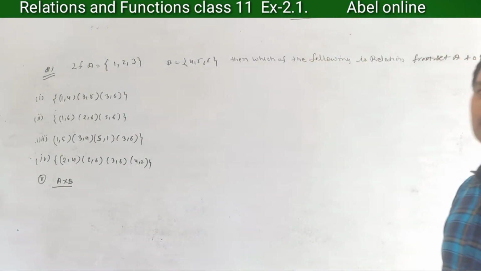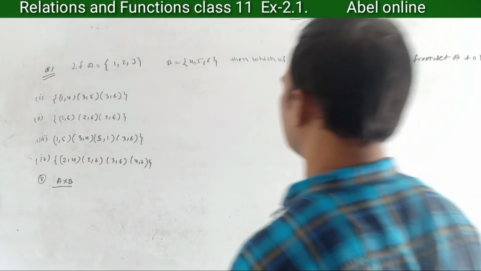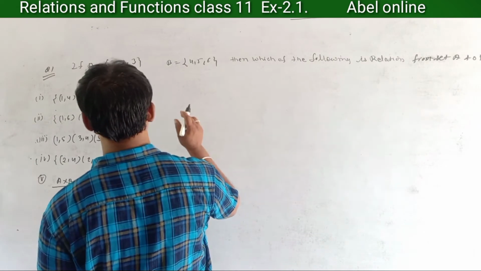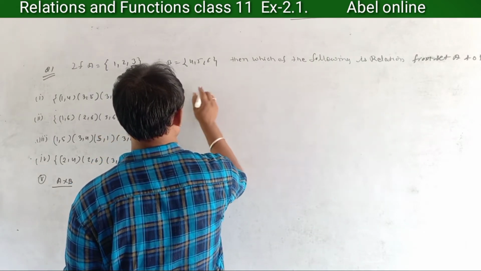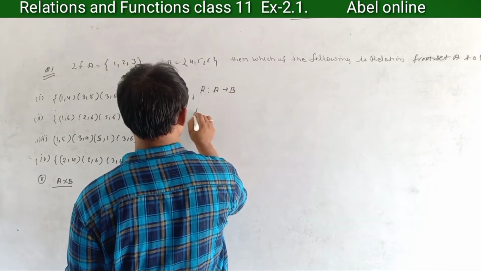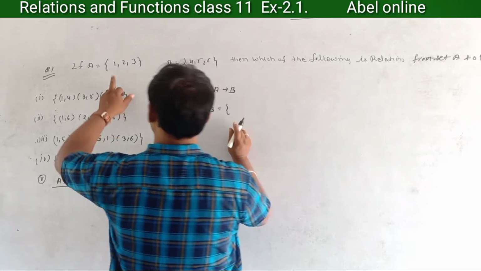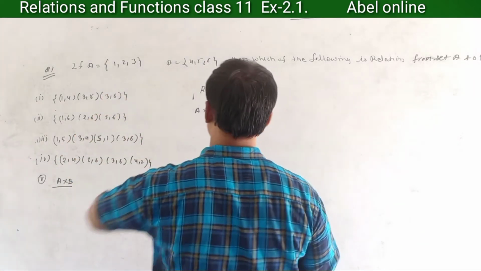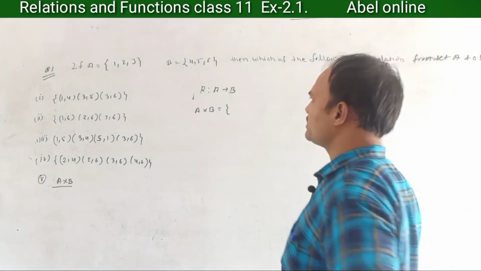For solving this question we have to find the Cartesian product, which is the multiplication from A to B. A relation R is defined from A to B, so we have to find A cross B. We always use the first element from A and the second element from B.